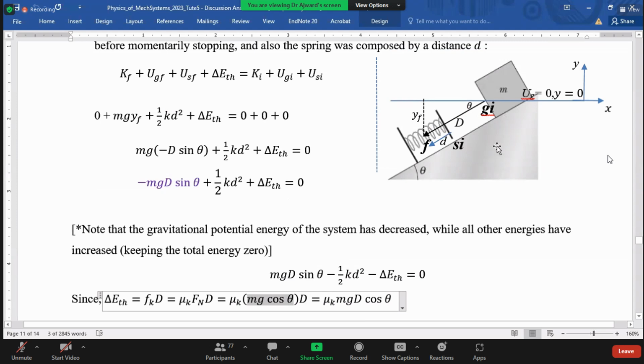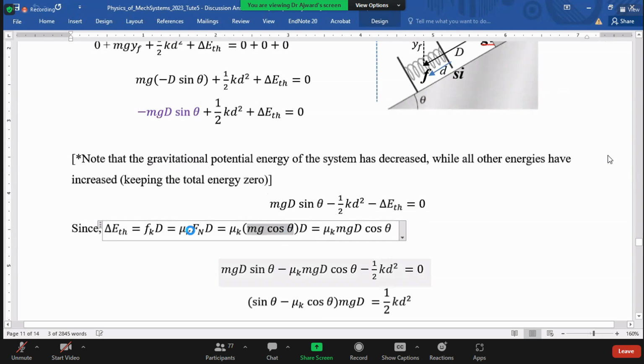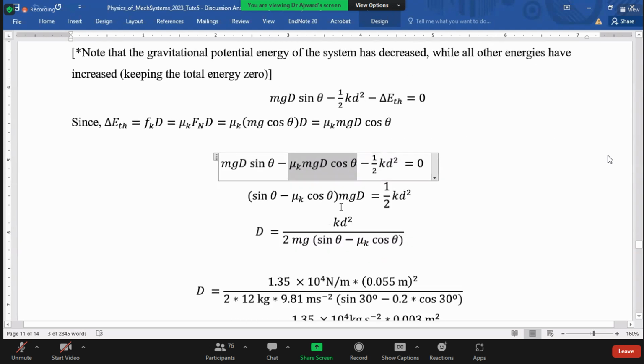The downward force would be mg, and if this angle is theta, here the angle is also theta, so the normal force becomes mg cosine theta. So instead of F_n, you put mg cosine theta, and you get this equation for the thermal energy, and you replace delta E_th by that, and you get that equation.